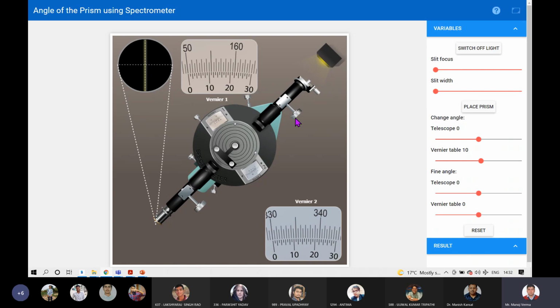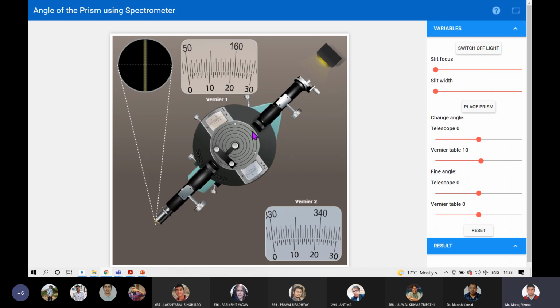The distance between the convex lens and the slit can be changed, and the slit focus will change. I will show you. So basically, this light source emits light rays which enter the collimator through the slit. They travel and are made parallel by this convex lens.